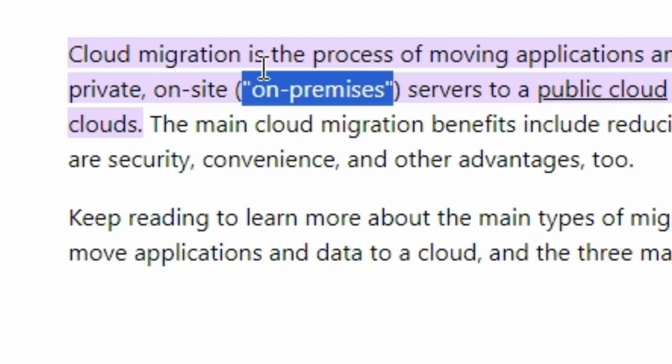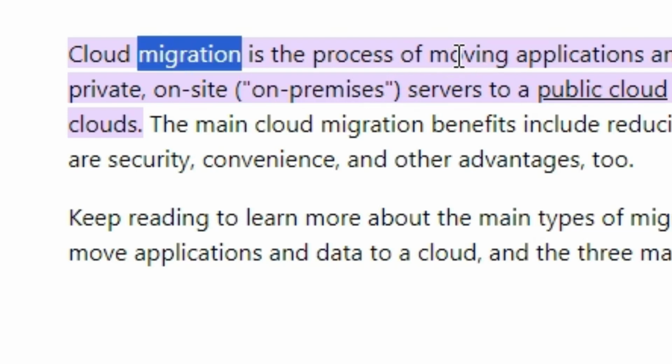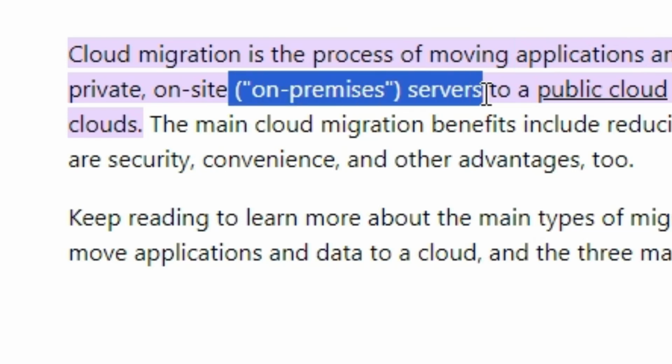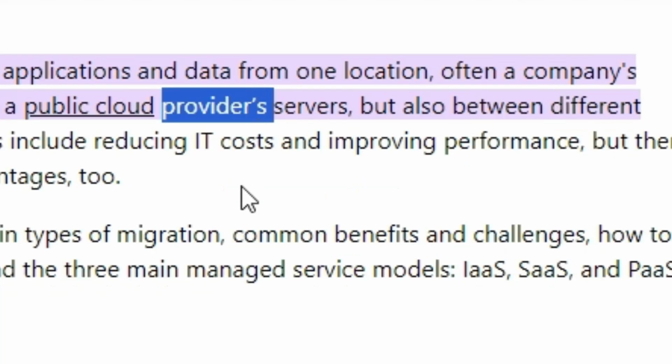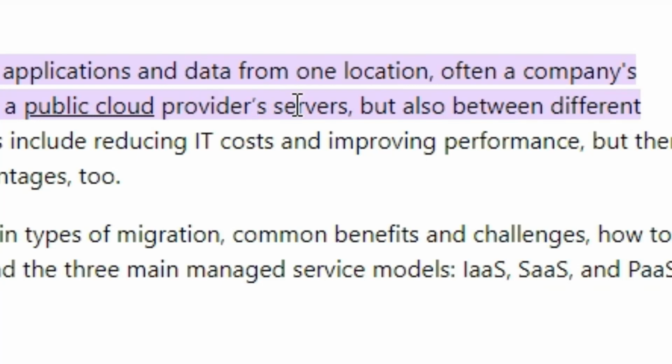So in cloud migration, we will move applications and data from on-prem servers to a public cloud provider. What is public cloud? That we will understand later, but for the time being, we will assume Azure, AWS, and Google Cloud. These clouds are public clouds.